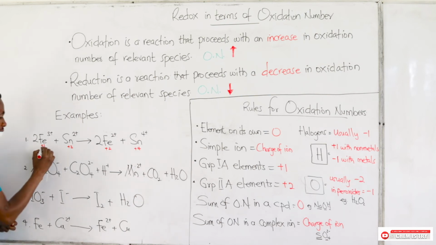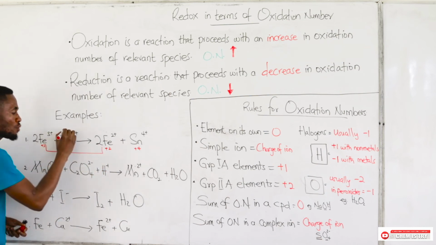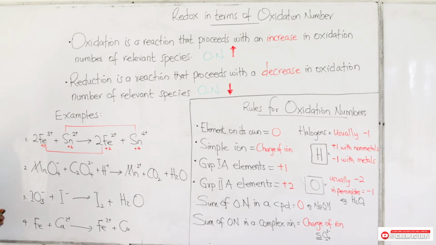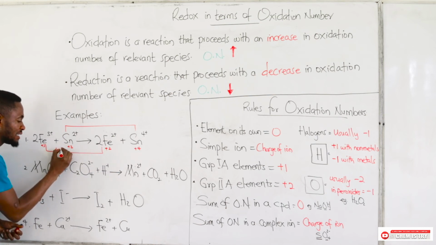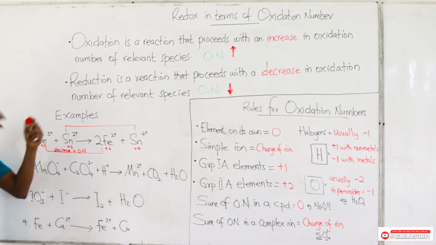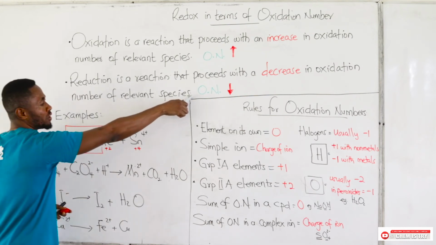We are going to compare the iron in the chemical equation, and we will compare the tin in the chemical equation. Now you can see that with the iron, its oxidation number has decreased from +3 to +2. So there is a decrease in oxidation number. And what did we say about decrease in oxidation number? We call that one reduction.